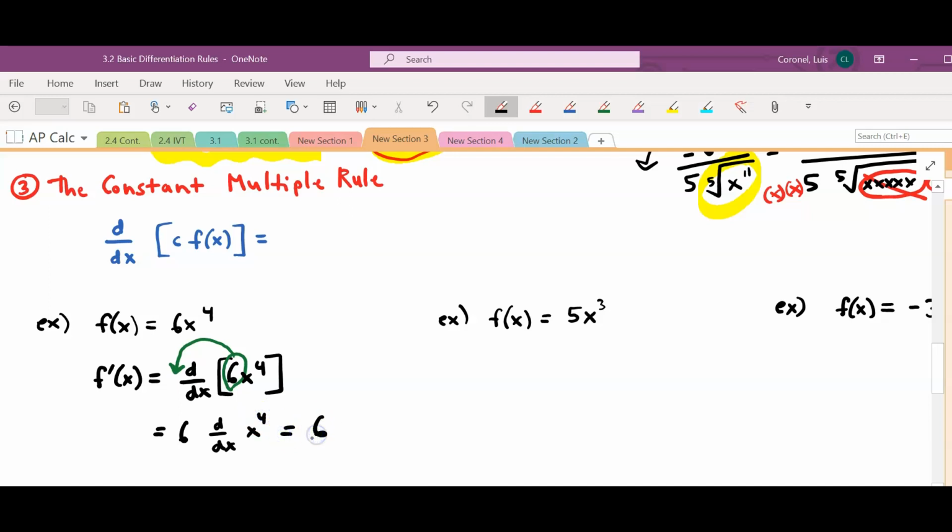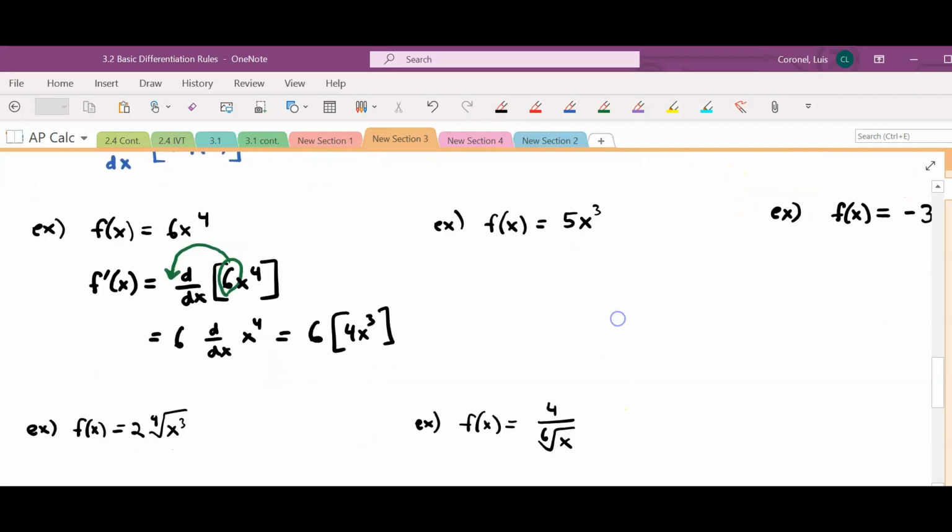So you have the 6. When you do the power rule, and now when you do the multiplication, 6 times 4 is 24, and you still have x cubed. So that's using the constant multiple rule with the derivative.